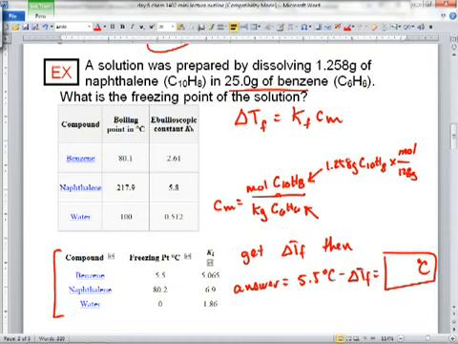I'm going to go figure that out right away. 1.258 divided by 128. Yeah, about 0.0098. That's what I got, too. So that's 0.0098. Now the kilograms of benzene.